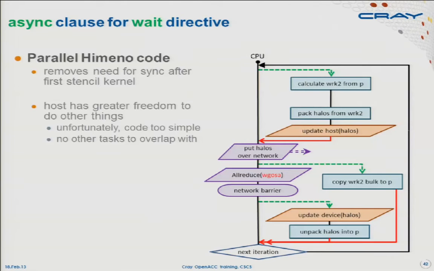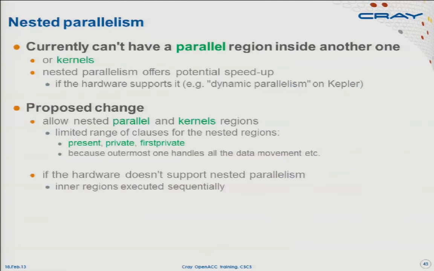By doing that, instead of having a synchronization point in here, this all flows now in one big asynchronous stream of tasks. And if you had something else to do on the CPU down here, you'd be free to go away and do it, without having to worry about synchronizing midway.